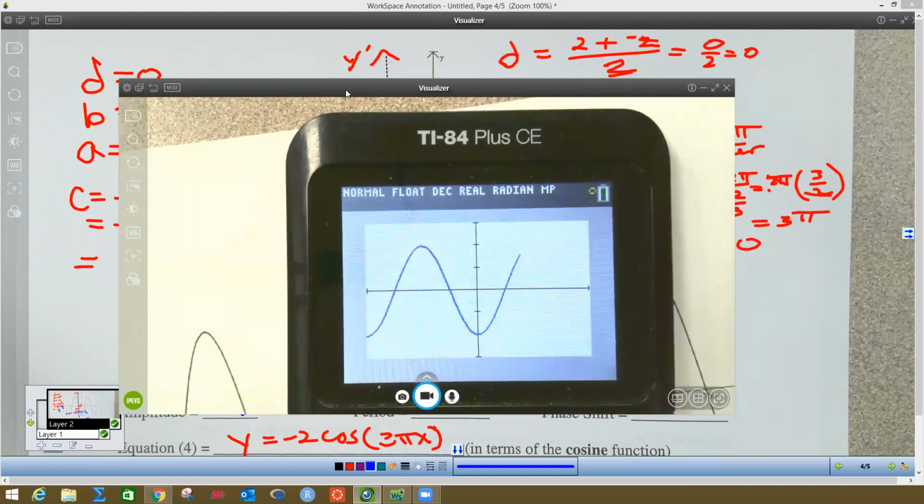So if you notice, you can use your calculator to help you find out if you made a mistake. Do you see it going right over top now? Does everybody see it? Yeah? Are you thumbs up? So I wanted to show you, again, that if you make a mistake, you can use that mistake to help you find where you messed up. Pause this thing. Does anybody have any questions on anything?